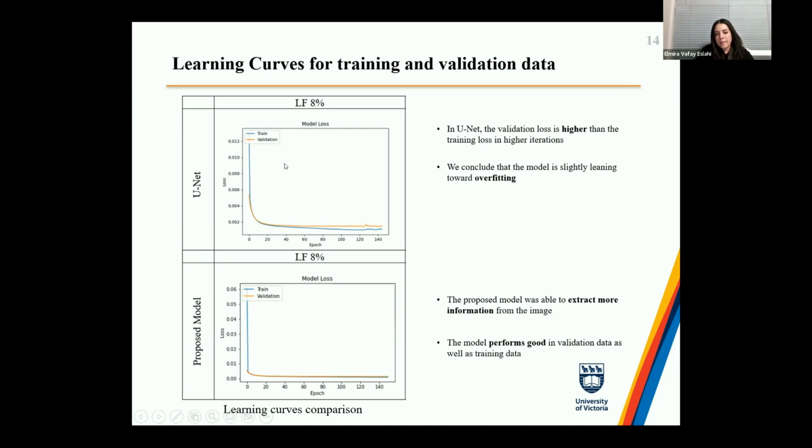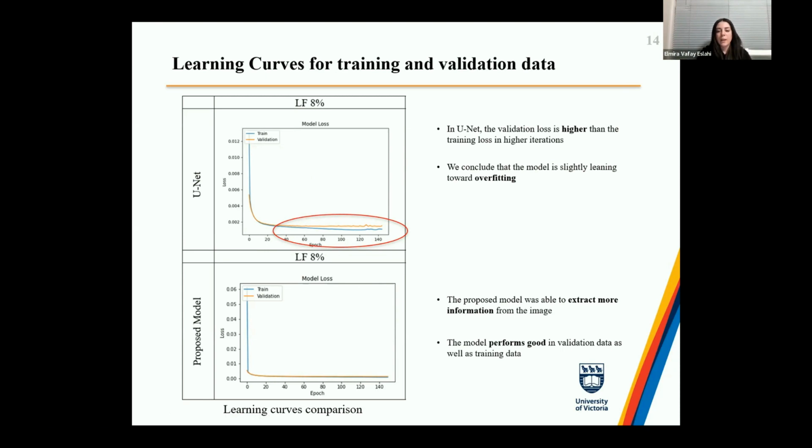So in U-Net, the validation loss is higher than the training loss in higher iterations. As you can see in this section, you can see a little bit of fluctuation here, which we can conclude means that the model is slightly leaning toward overfitting.